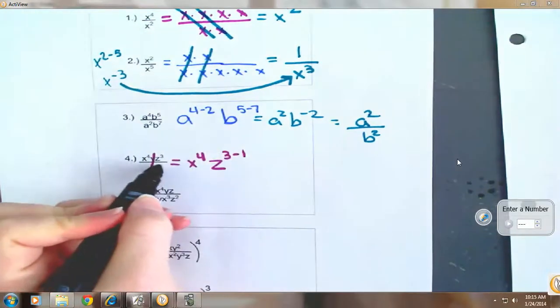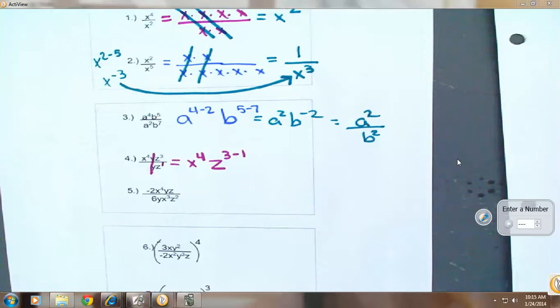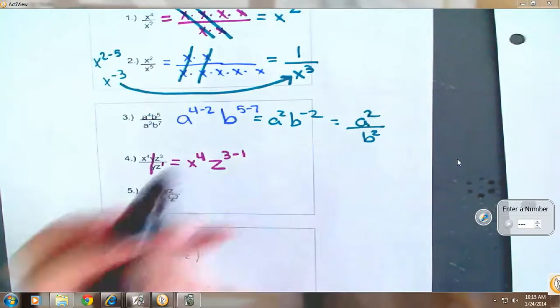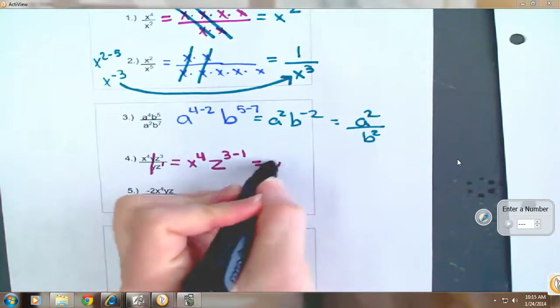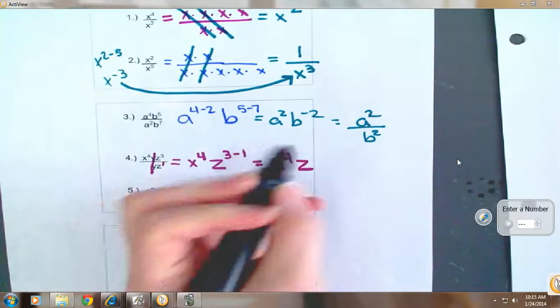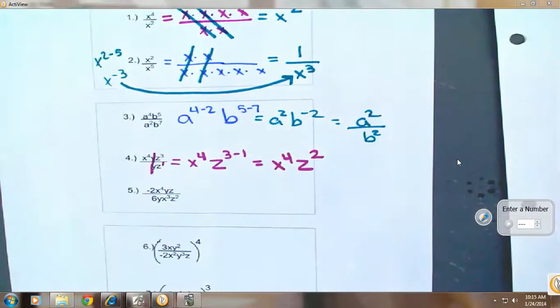Because remember, this z down here in the bottom doesn't have an exponent. So it automatically gets a 1. So 3 minus 1 is 2. So we have x to the 4th, z to the 2nd. So would we have to put that in a fraction? Do we have a negative exponent? No. No, so we don't need a fraction. We only need a fraction if we have that negative exponent.